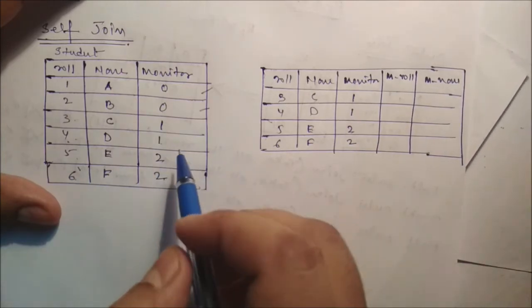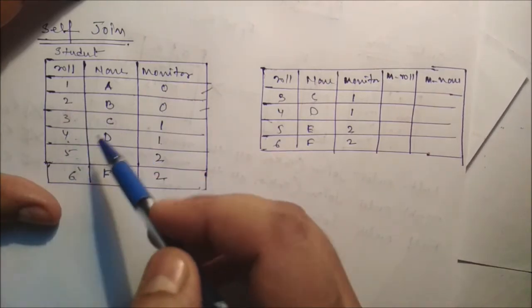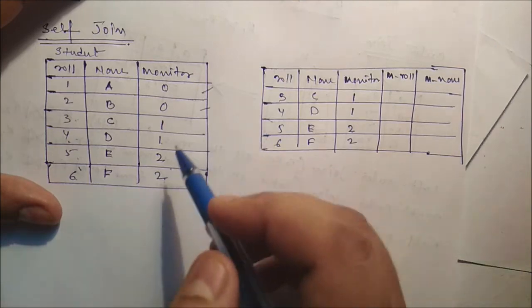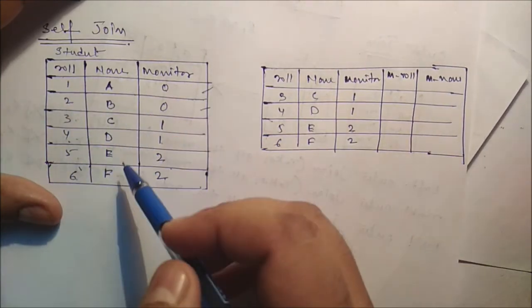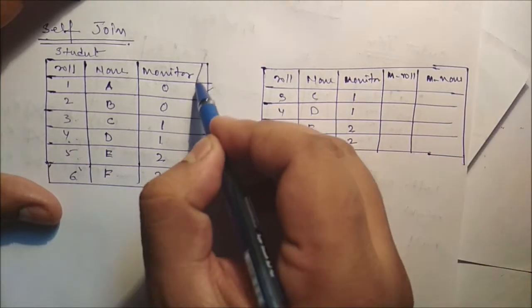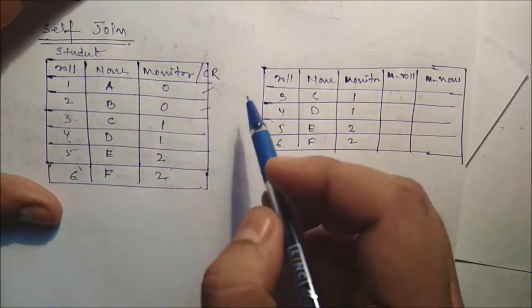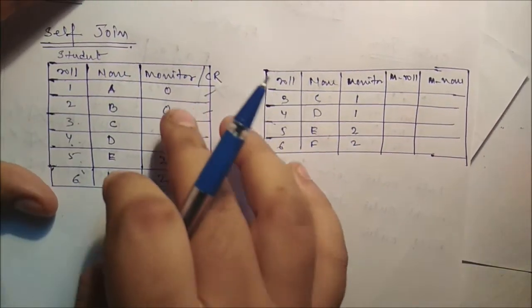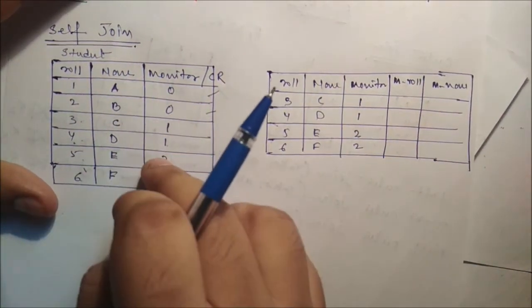So we need to know the roll number, the associated name, the roll number of the class representative, okay, class representative we can say, and the name of the class representative. That means we have to merge the same table two times.